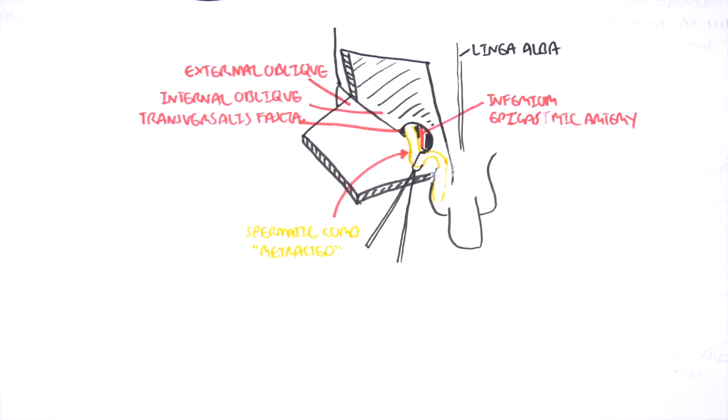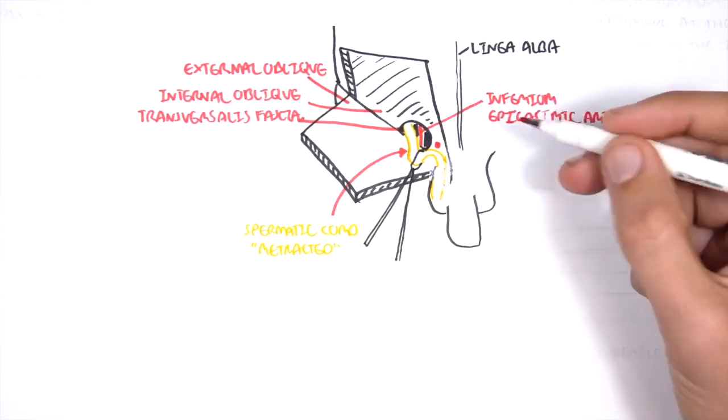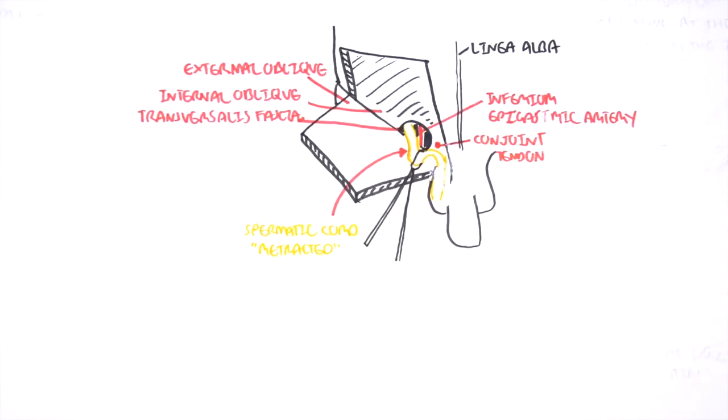Then, above the penis area, you have the conjoint tendon, which is medial to the inferior epigastric artery. Now let's look at the same image: the muscle layers, the inferior epigastric artery and the spermatic cord.